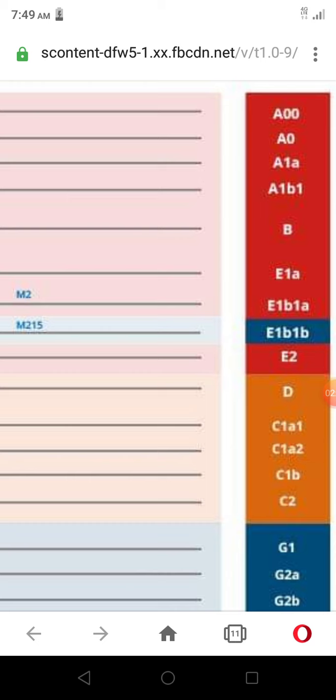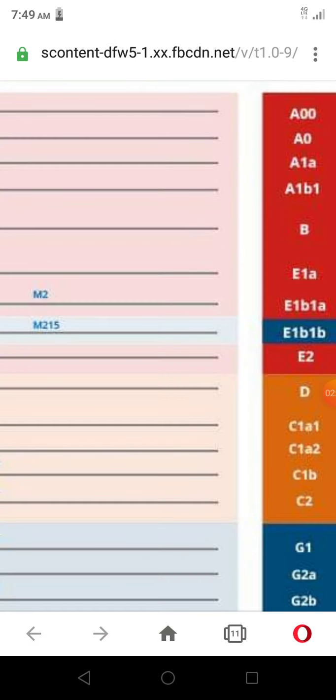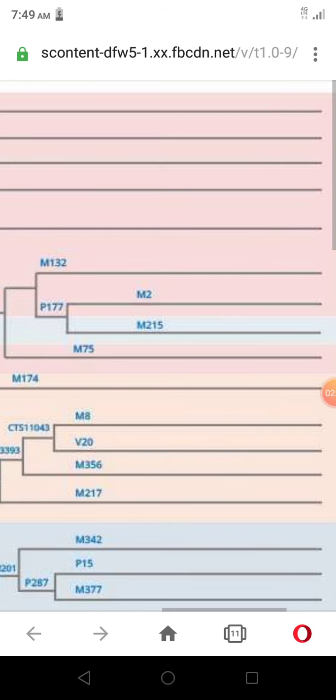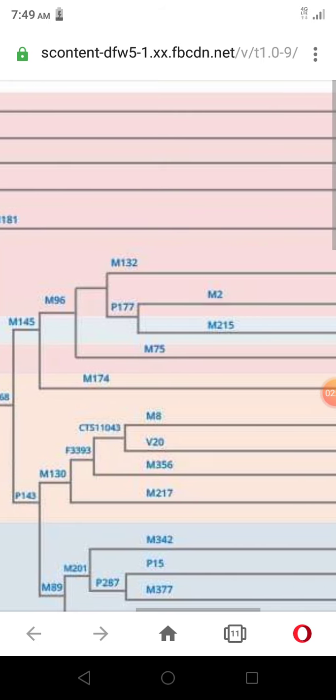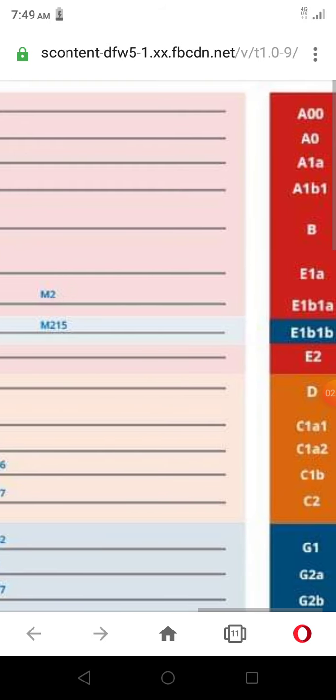I'm going to go over the haplogroups, and then off to the side, we have defining mutations, and the defining mutations right here are linked to other representations of the haplogroup.